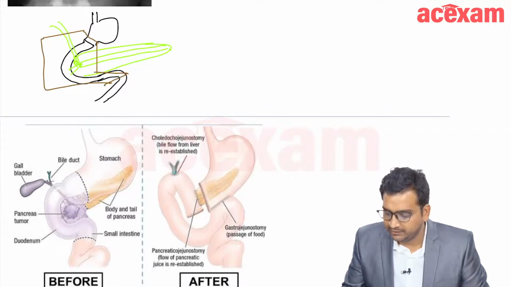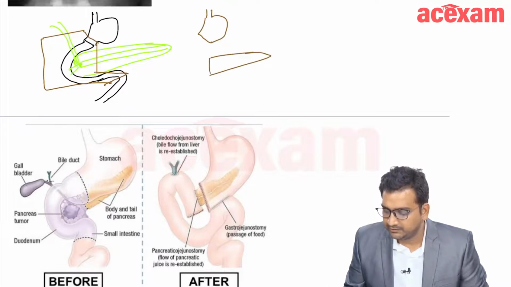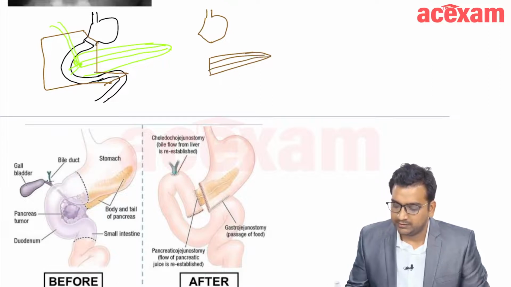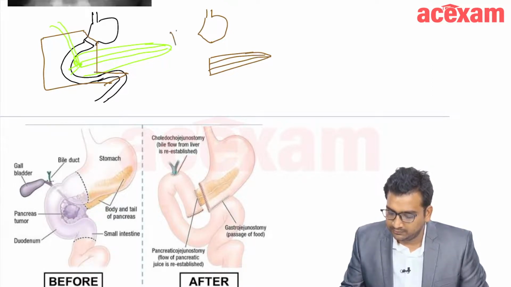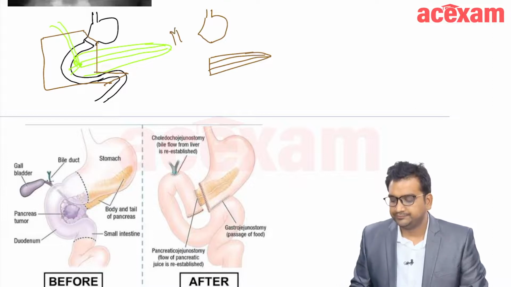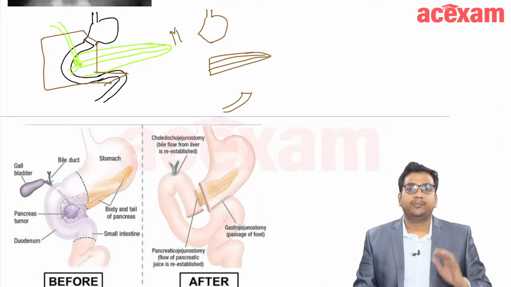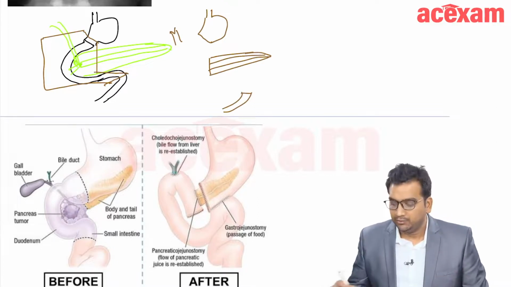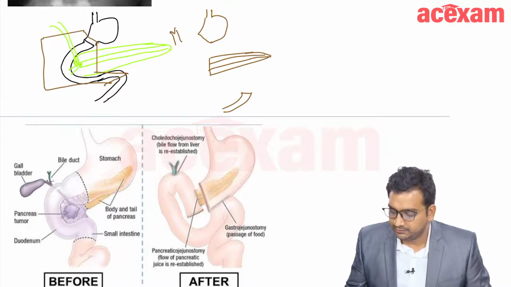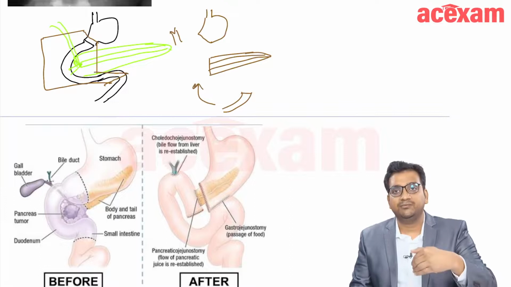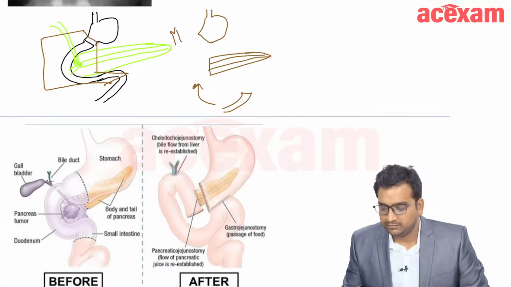Then what we are left with is stomach here, body and tail of the pancreas here, common hepatic duct, and here jejunum.